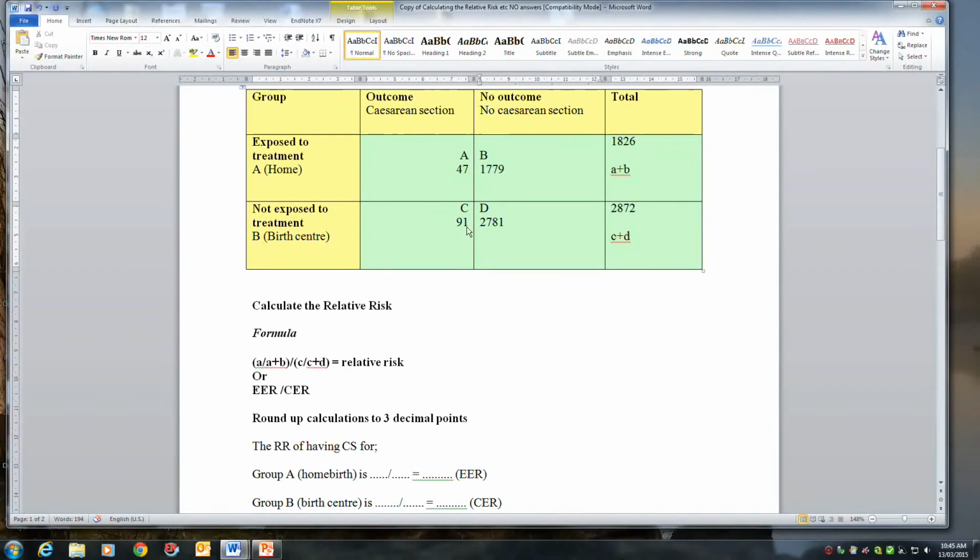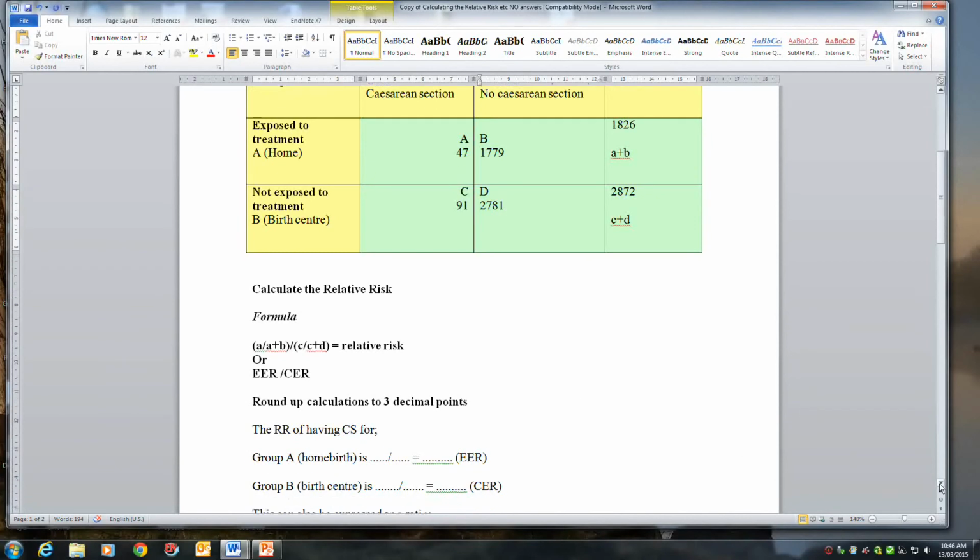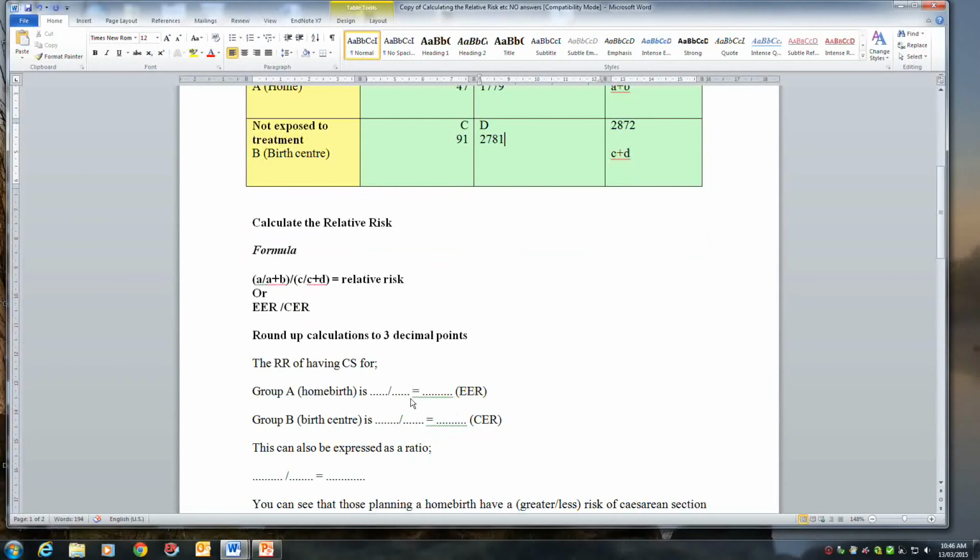And that whole thing is divided by C, divided by C plus D. So this figure that we'll work out, this part of the equation is also known as the experimental event rate, because it's how often the event happened in the experimental group. And this CER is the control event rate. How often did the event happen in the control group? But let's put our numbers in.